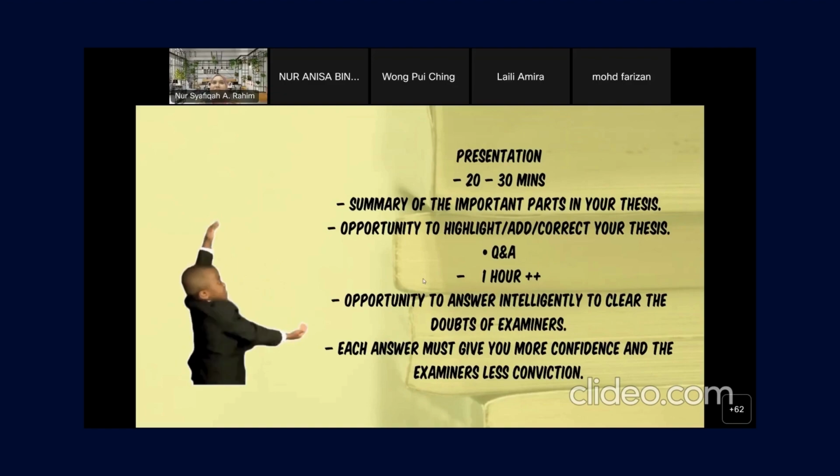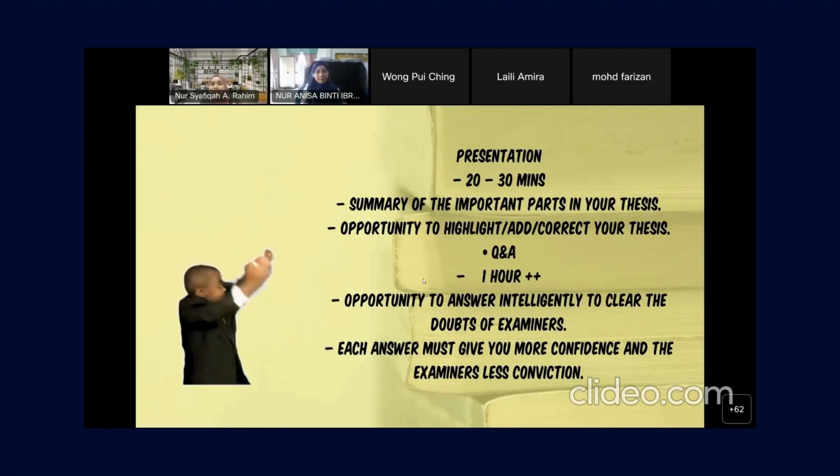So highlight the main important things of your thesis. The things that you have corrected based on the proposal defence. Because perhaps a lot of corrections needed to be amended during your proposal defence, so this is the time for you to stress and highlight them during your Viva.